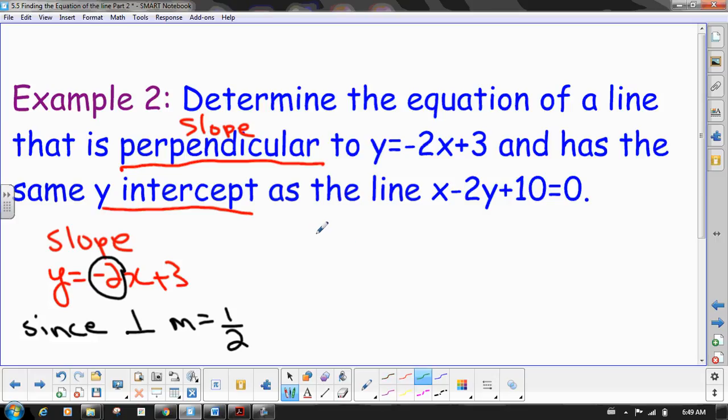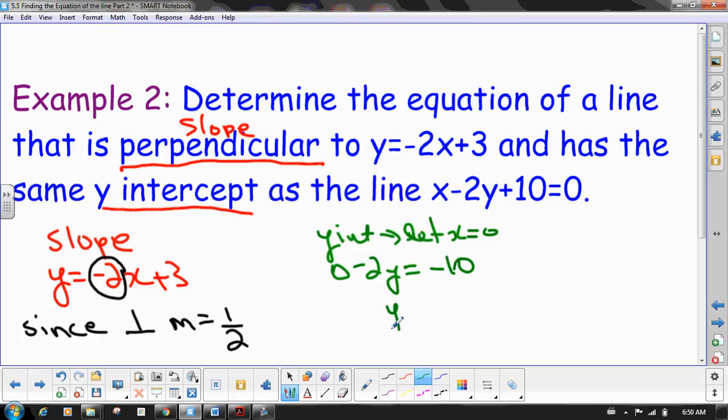Now, the y-intercept. I'm going to use the other line. So I'm going to let x equal 0. So I'll have -2y. So 0 minus 2y equals -10. So y is going to equal 5.